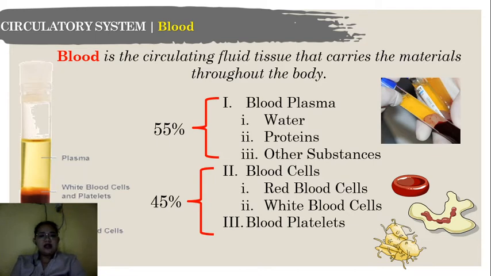Bakit, ma'am? Kasi kailangan natin dumaloy ng maayos yung dugo. That's why mas mataas yung plasma compared doon sa blood cells and blood platelets. Okay, yung blood cells natin, meron tayong dalawa. You have your RBC and WBC. Okay. So, 45% yun at saka yung blood platelets.